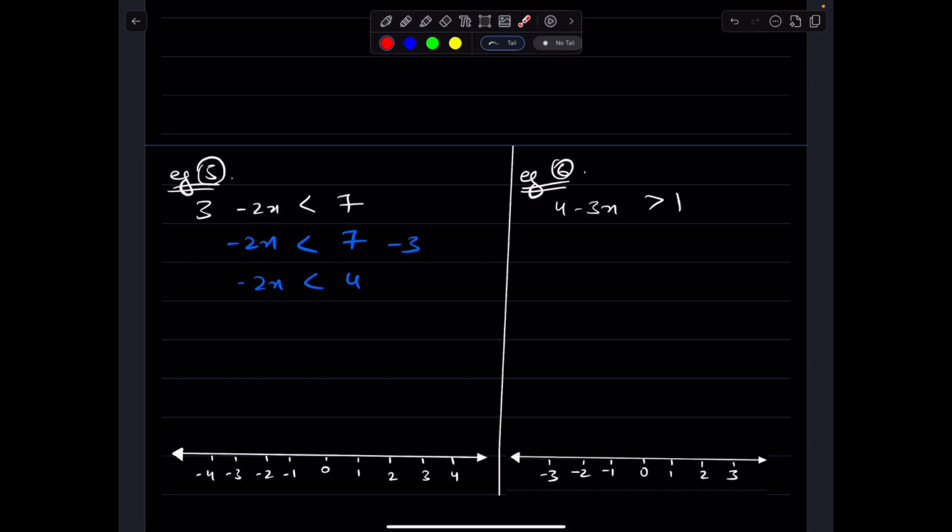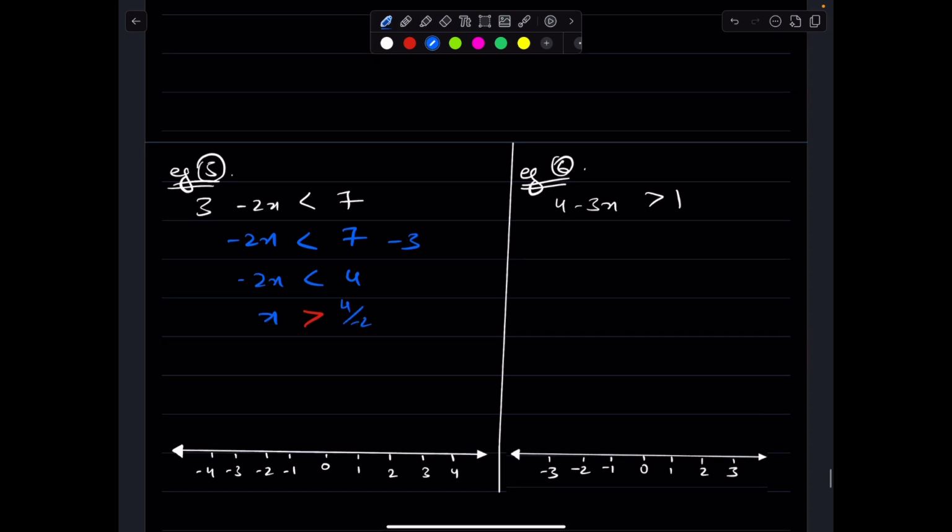So we'll multiply both sides by minus 1. Or the other option is that we take minus 2 there and we'll divide 4 by minus 2. But whenever we have a minus sign, keep in mind that we will have to change the sign of the inequality. Thus, x is greater than 4 over minus 2 and x is greater than minus 2.